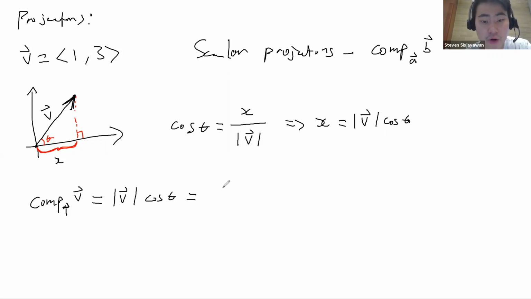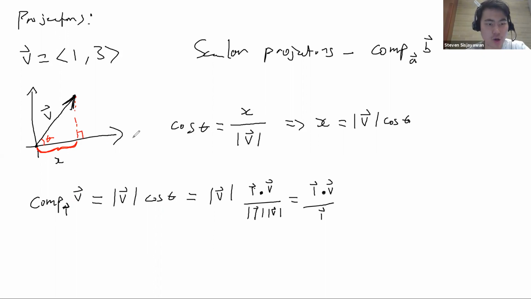By substituting for cosine theta using the dot product formula, that's the same thing as i dot v over the magnitude of i and the magnitude of v, so that's equal to i dot v over the magnitude of i. Remember, this is a dot product between the two vectors.